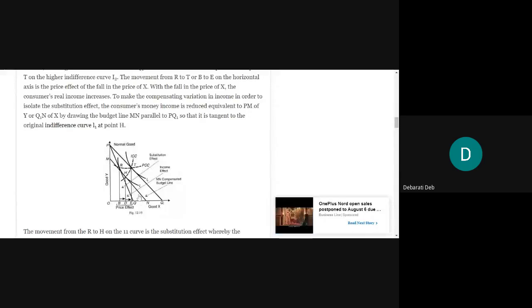This is parallel to PQ1, and we have to draw it in such a way that it becomes tangent to the old indifference curve, that is I1. We will draw it so that it touches the old indifference curve at a point, and that point will be called S.